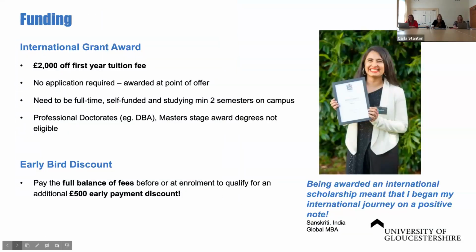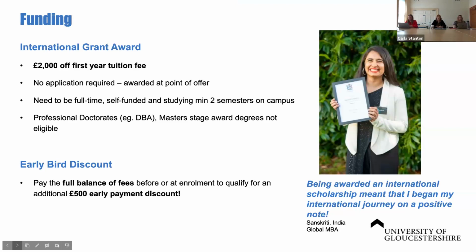In terms of assistance that we can offer our international students, we're pleased to remind you all that we have an international grant award, which is worth £2,000 off the first year tuition fee. It requires no application, so you don't apply for it, it's an automatic award.